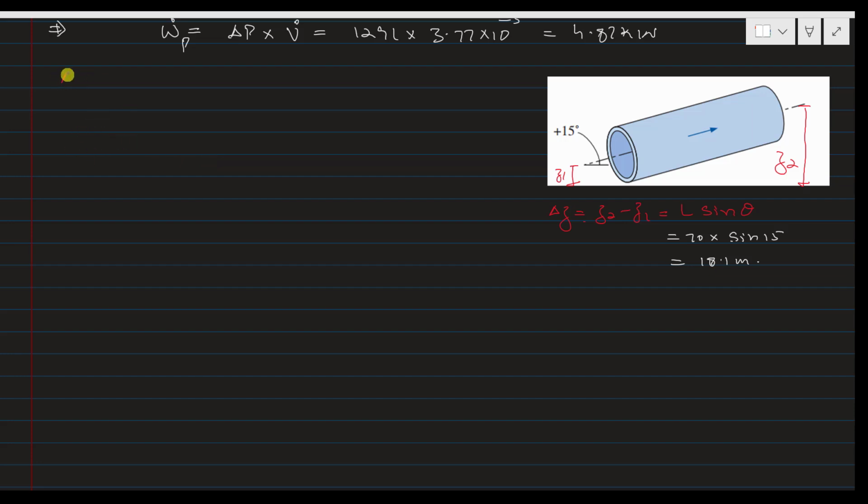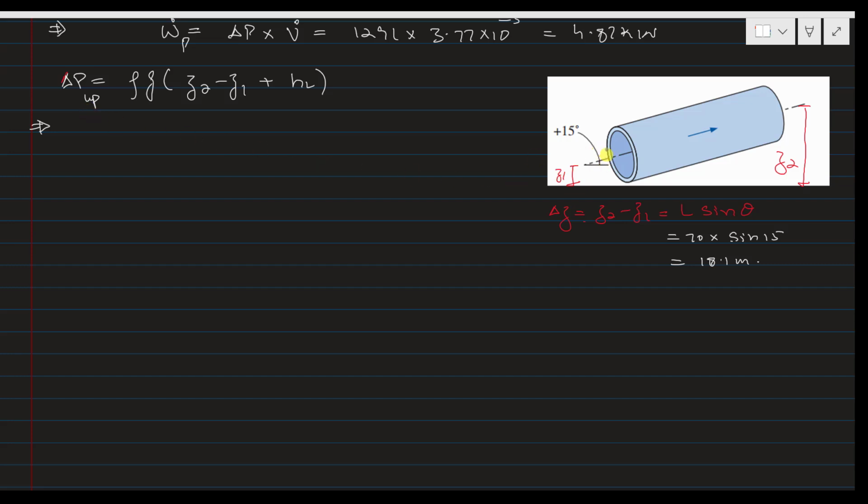So the pressure difference when the pipe is inclined in upward direction is equal to rho g into the difference of these elevations, that is Z2 minus Z1, plus the head loss as we previously determined. So just put the values in these equations to find the pressure difference for this upward inclined pipe.